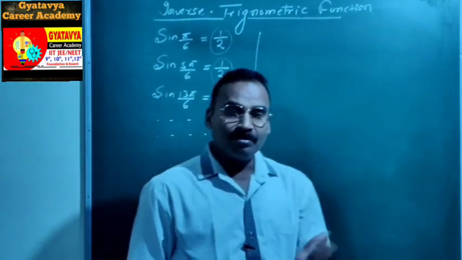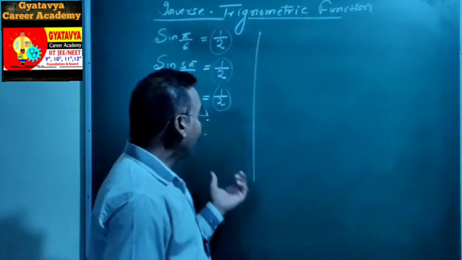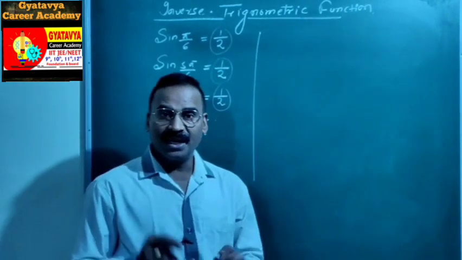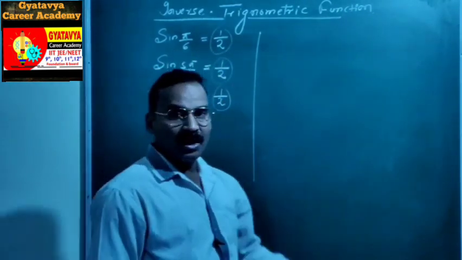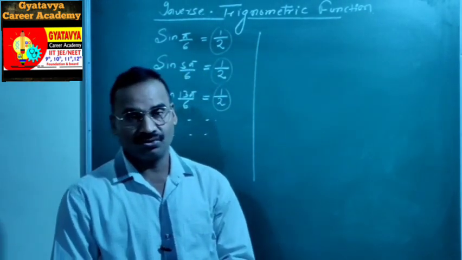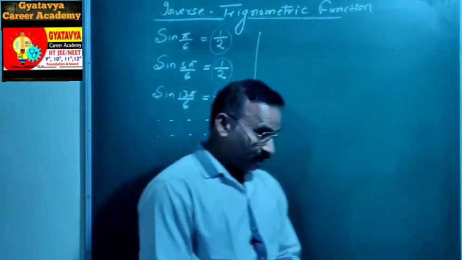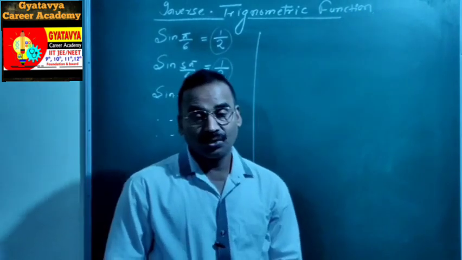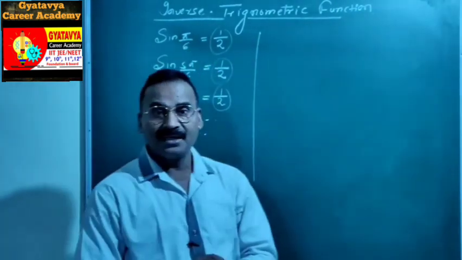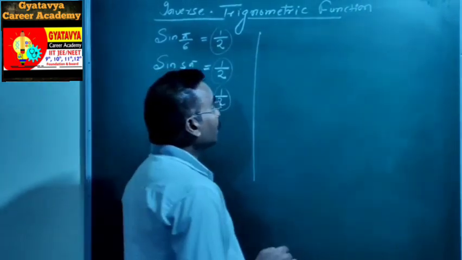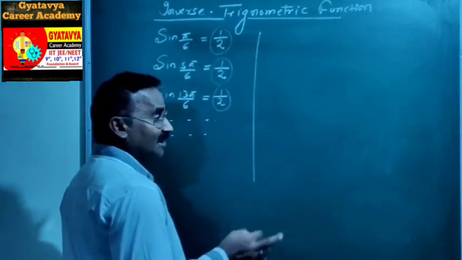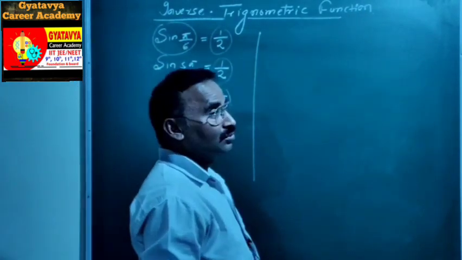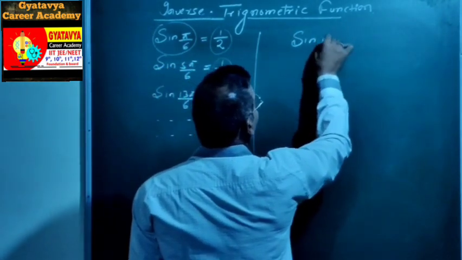So I think at least a minimum angle or real number must exist so that the value of sine gives 1 by 2. The minimum angle should exist, so the least real number which gives sine 1 by 2 is pi by 6.